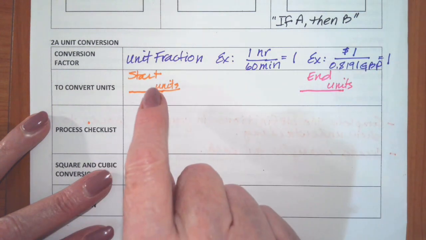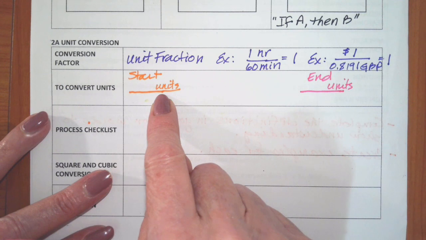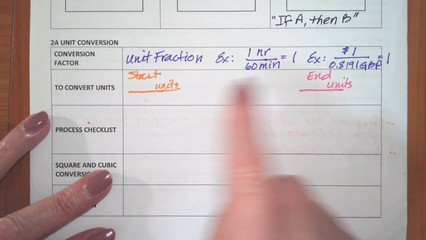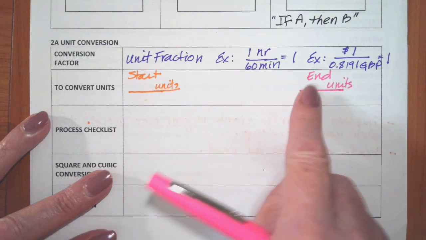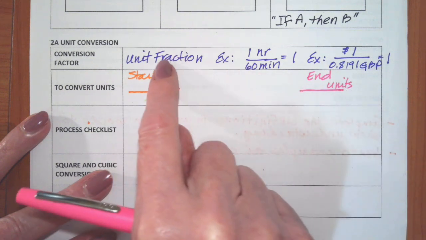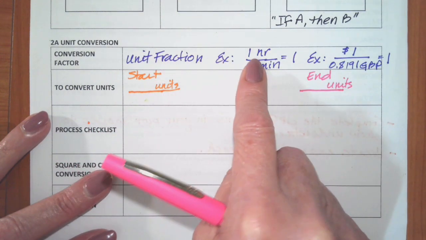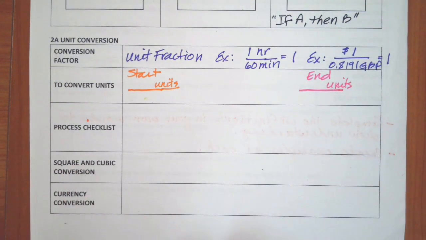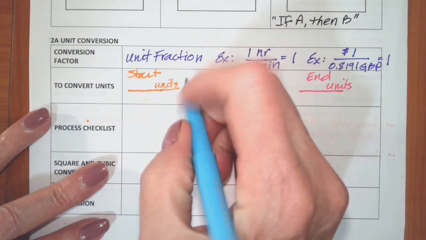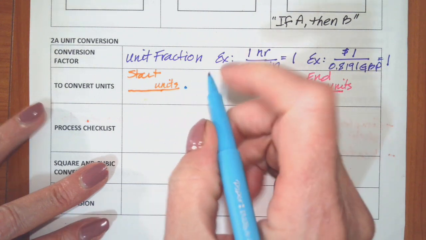So if I wanted to go from dollars to pounds, I would start out with dollars and I would end up with pounds. Or if I would start out with gallons and end up with pints. And then all this space in the middle is using the conversion factors to change the units. Okay. You may be able to do it in 1, you may have to do it in 2. It just depends on the situation. Okay.